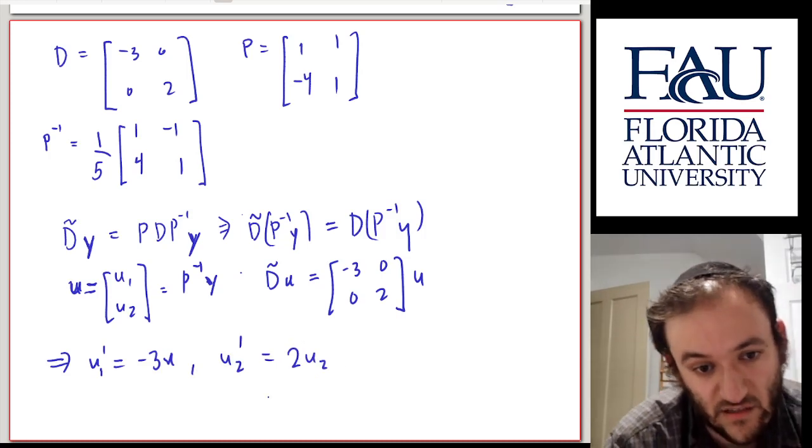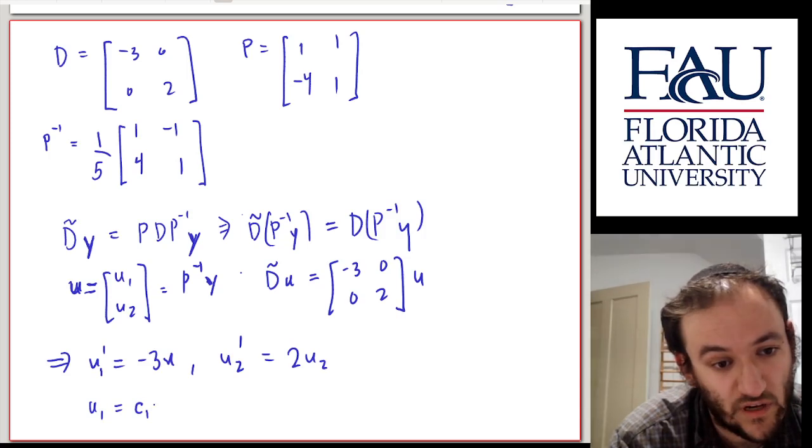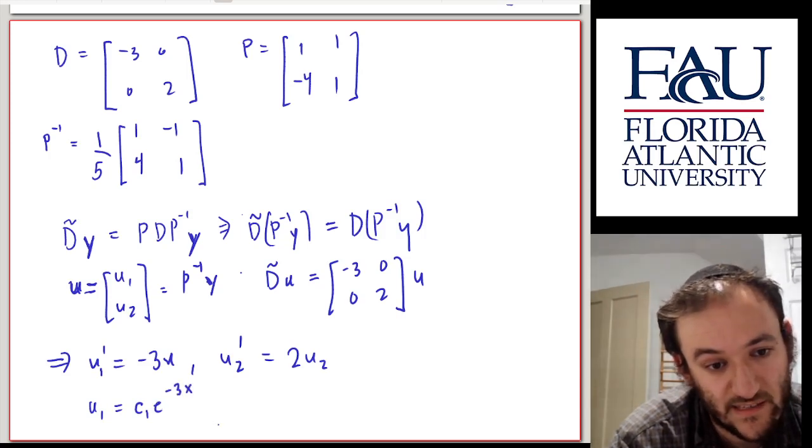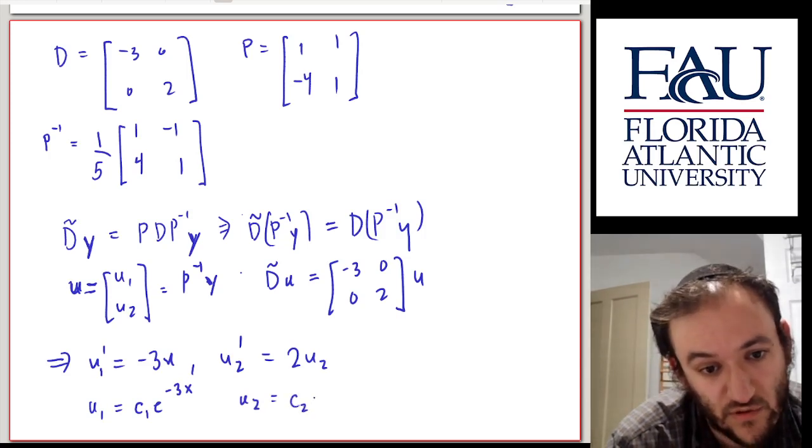And these are easy to solve. We have u1 equals c1 e to the minus 3x, and u2 equals c2 e to the 2x.